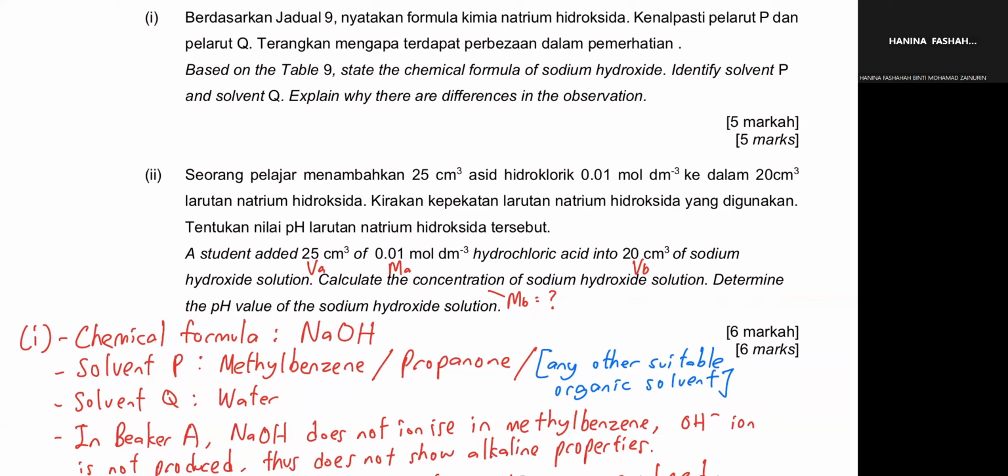So far from what I've seen in the questions, normally these two. Either methyl benzene or propanol, they like to cover these two to show the alkaline or acidic properties. Other suitable ones can also be used.